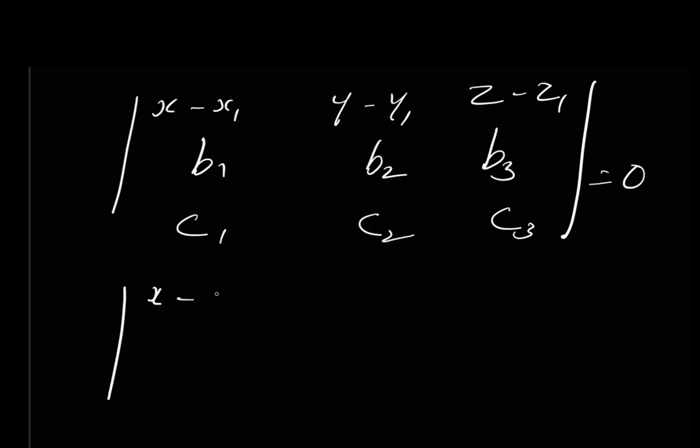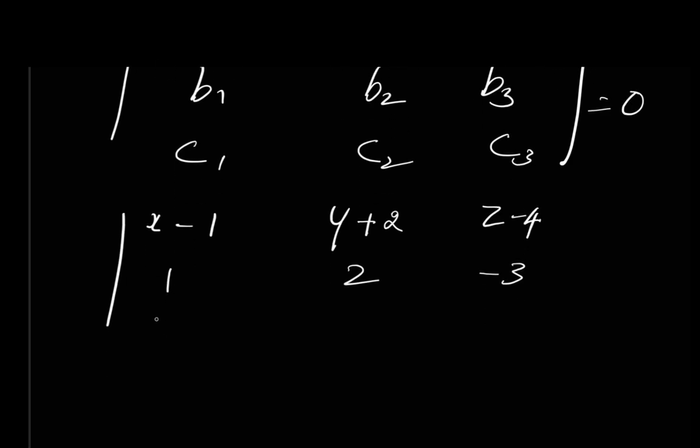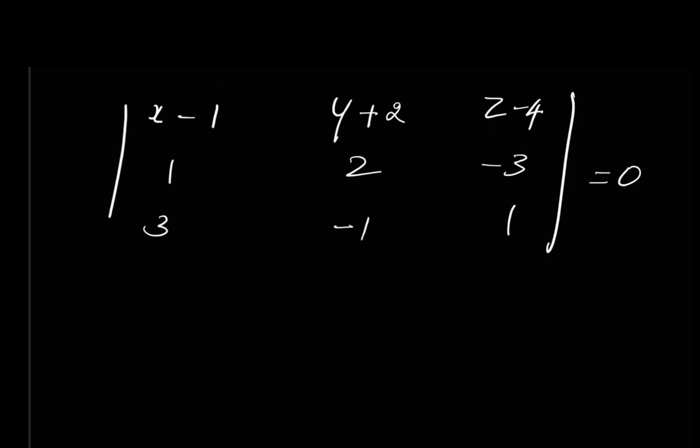X minus 1, y minus y1 is y plus 2, then z minus 4. B1, B2, B3, 1, 2, minus 3, 3 minus 1, 1 is equal to 0. Let me do the simplification. I have not done the previous sum, so you follow this.